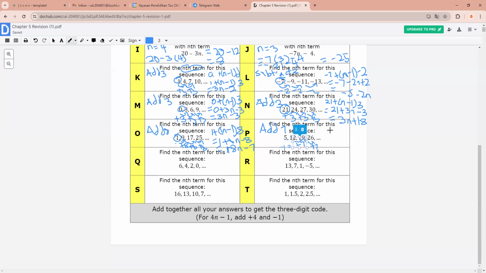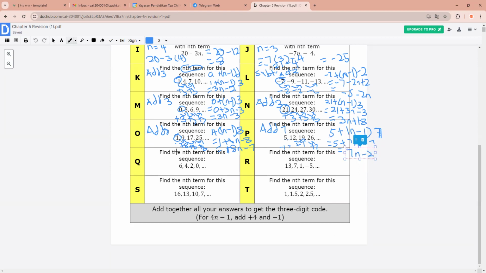So you take the first term, 5, plus n minus 1 multiplied by positive 7. So we get 5 plus 7n minus 7. And the answer is 7n minus 2.